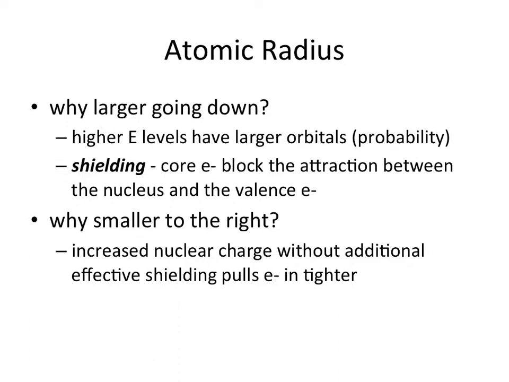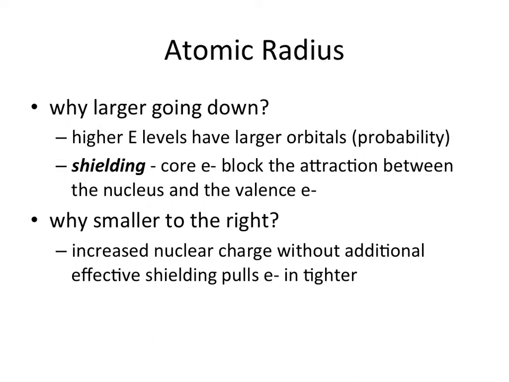Now, when we're going from left to right, why is that the case? Okay, well, as we saw with our Z effective, our effective nuclear charge is increasing from left to right because the same set of core electrons is doing the shielding of the nucleus. But as you go from left to right, you're increasing the number of protons that you have inside that nucleus.